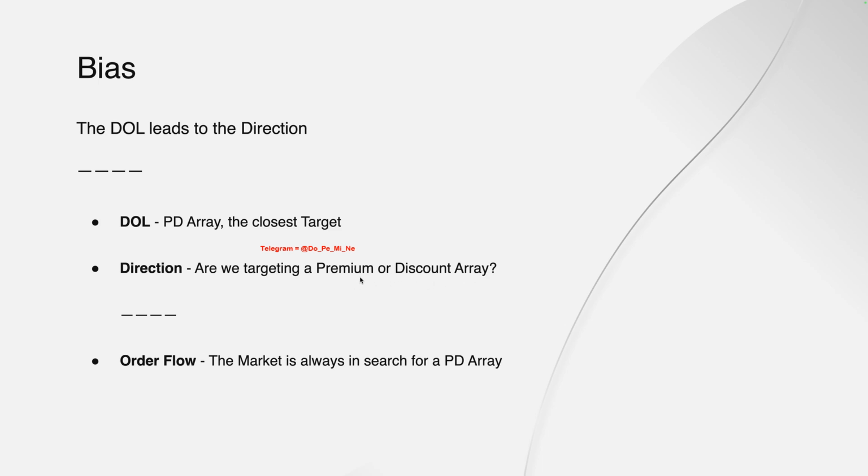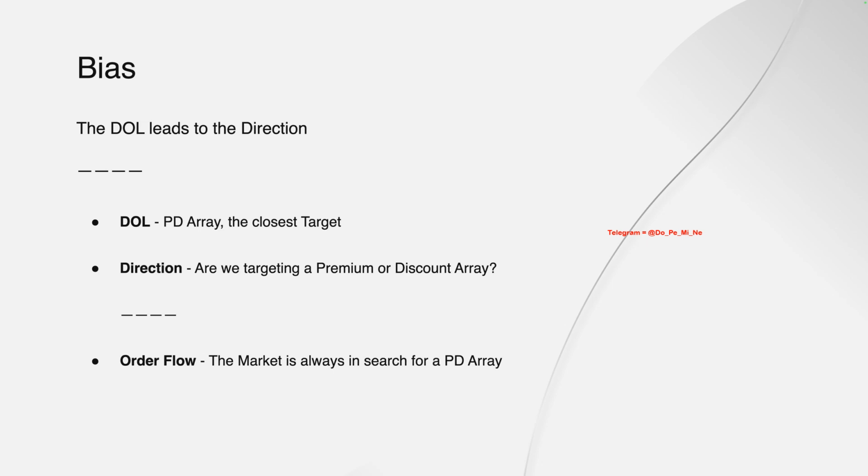If we are aiming for a premium array, then we already understand that price is bullish because price needs to go higher in order to target premium arrays. If we are targeting a discount array, then the direction is lower prices, in other words, bearish prices.